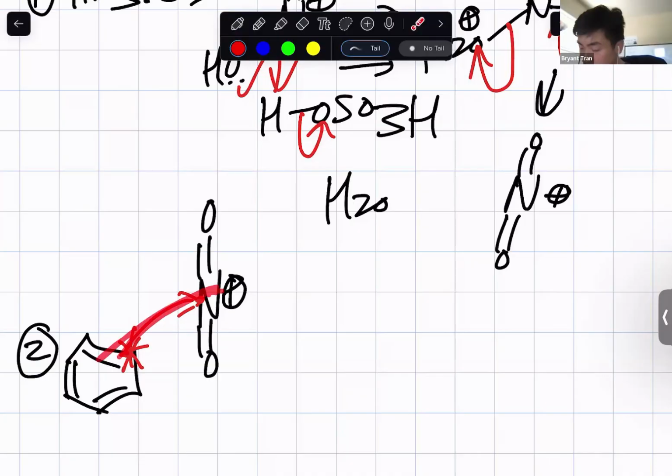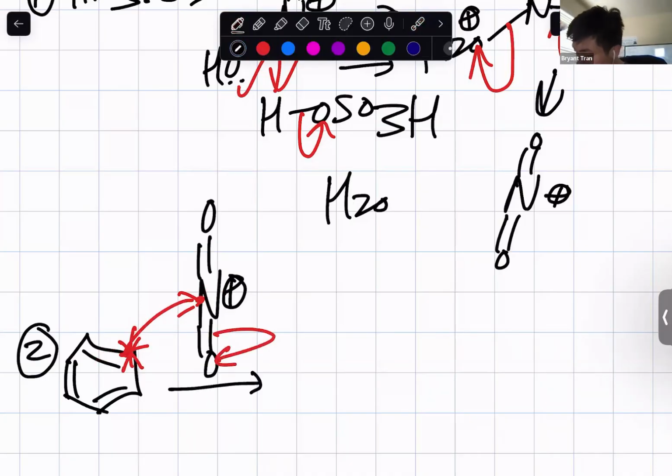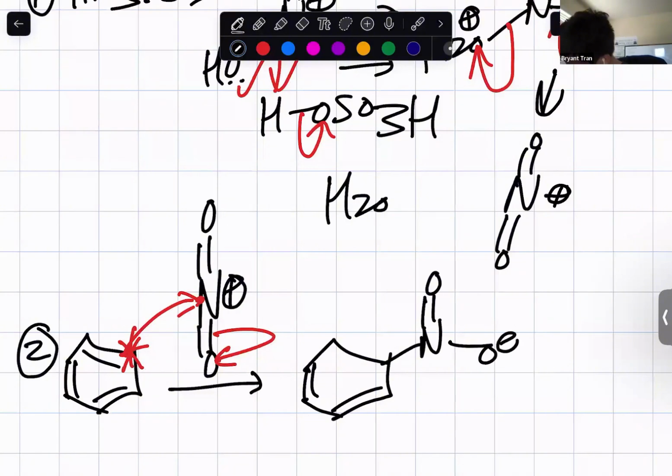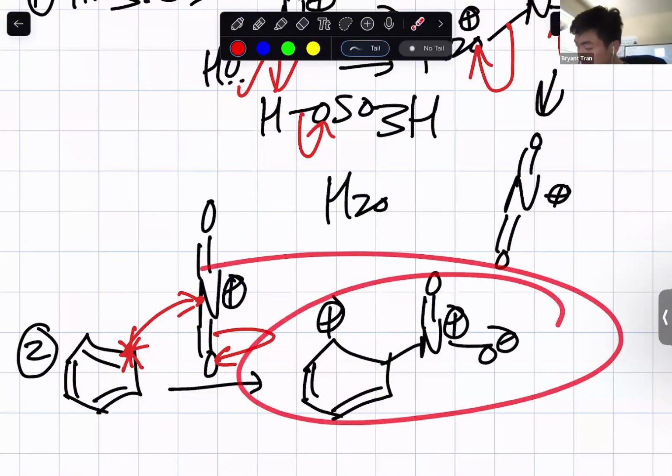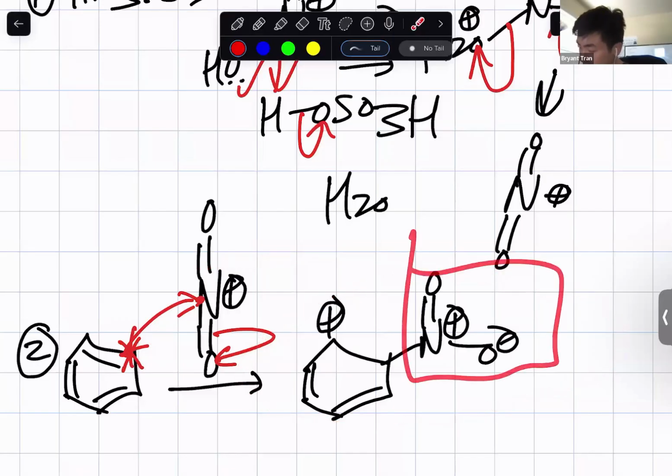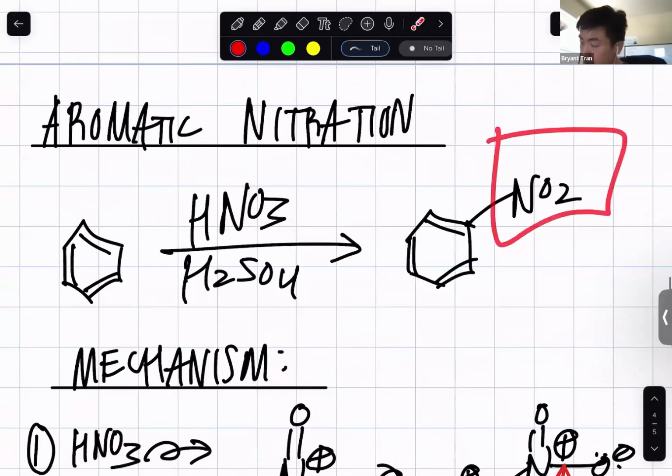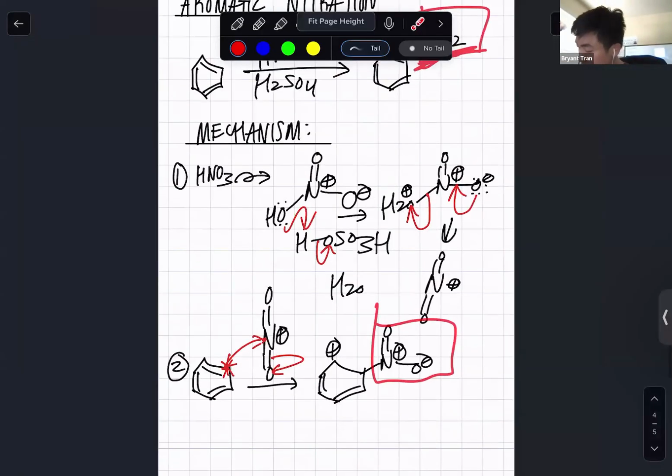To conserve the octet rule, we're gonna pop one of the double bonds onto the oxygen and give us this intermediate right here, where we broke the aromaticity, but now we have our NO2 that we drew out in the general reaction. This NO2 right here is this exact NO2 right here expanded out in Lewis structure, right?